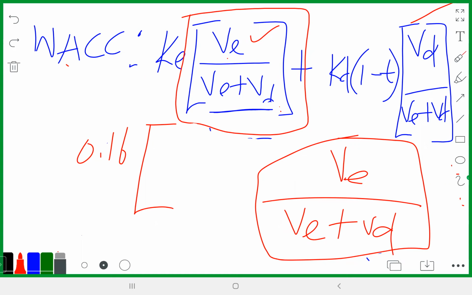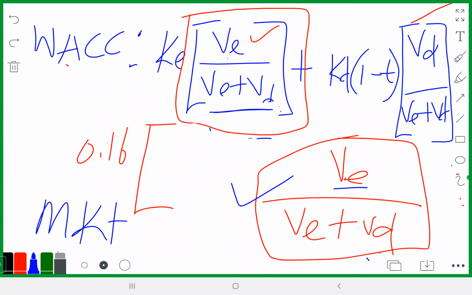No, sir, just say again. I think I'm getting a bit confused. Okay, you will not get confused. So I'm saying this one that I have circled here represents the market weight of equity, this whole expression.